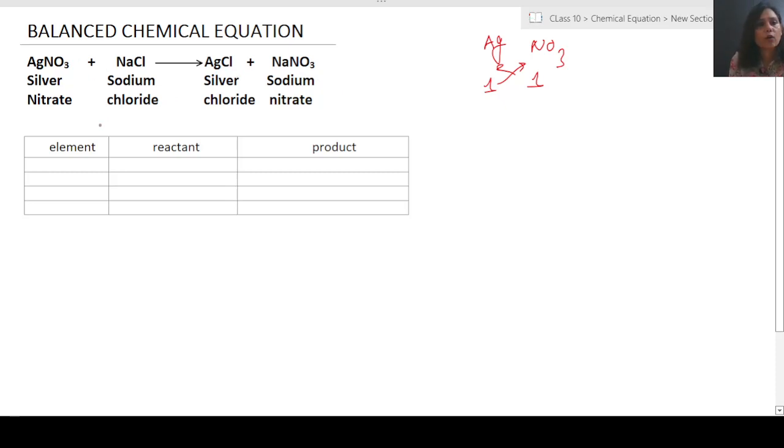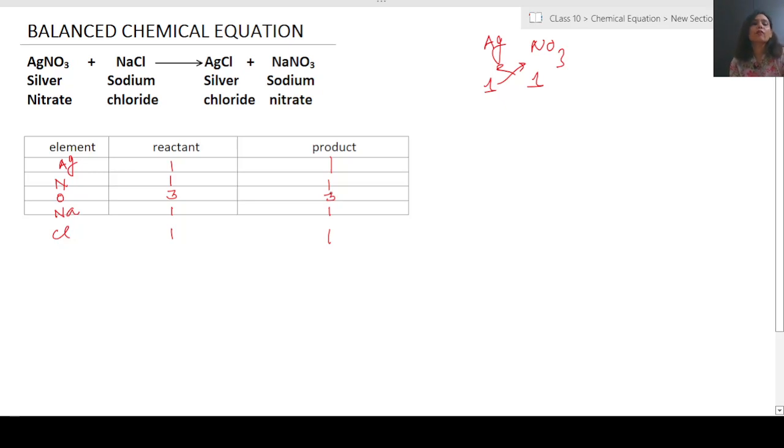Now always write elements under the element column: Ag, N, O, then we have Na and we have Cl. Ag is 1 here, N is 1 here, O is 3 here, Na is 1, Cl is 1. In the product side, Ag is 1, Cl is 1, Na is 1, N is 1 and O is 3.